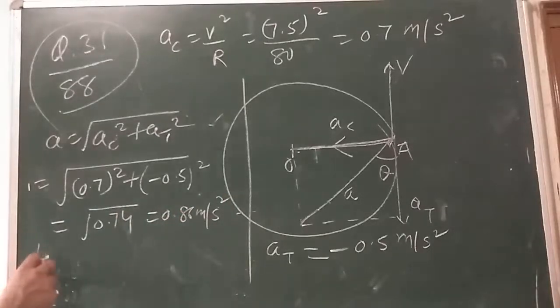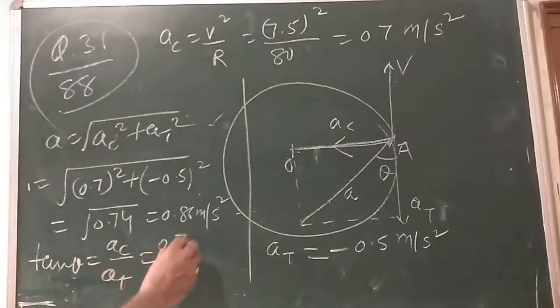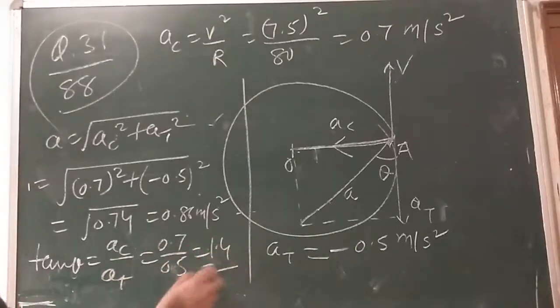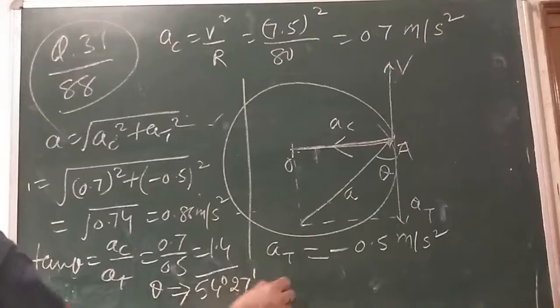And if you want to find the direction, tangent of theta is equal to AC by AT, AC is 0.7 divided by 0.5, that is around 1.4. You can see the tangent table and find the value of theta, and that theta comes out to be 54 degree 27 minutes with the help of the tangent table.